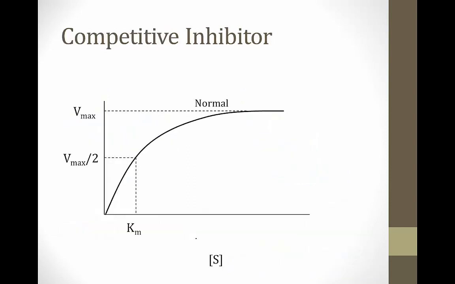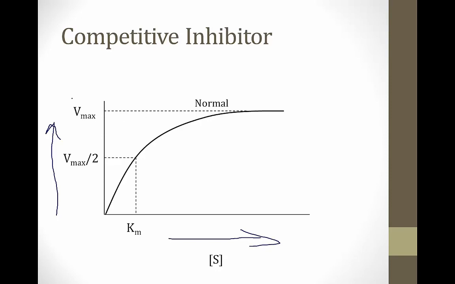In the video on enzymes, I discussed Michaelis-Menten kinetics and Michaelis-Menten plots like the one shown on the screen here. To briefly review, a Michaelis-Menten graph plots the substrate concentration along the x-axis and the velocity of the enzymatic reaction along the y-axis. There are two important characteristics of an enzyme that can be determined from a Michaelis-Menten plot like this.